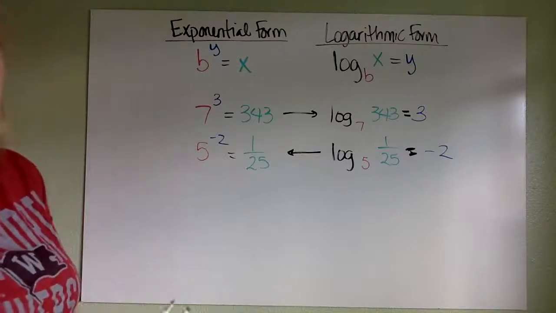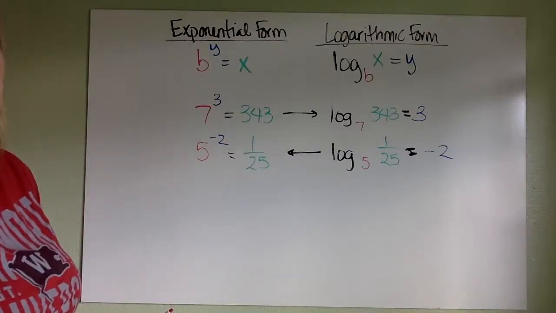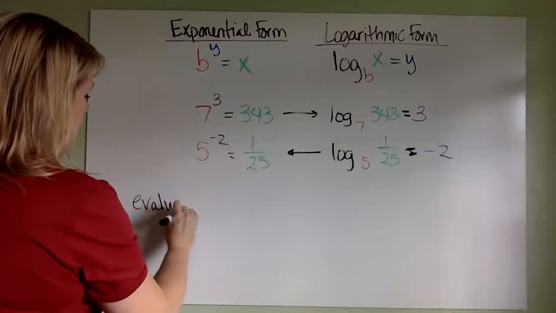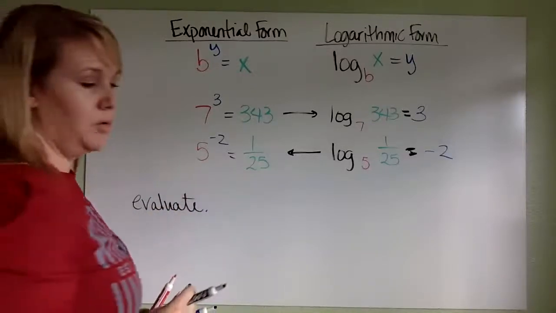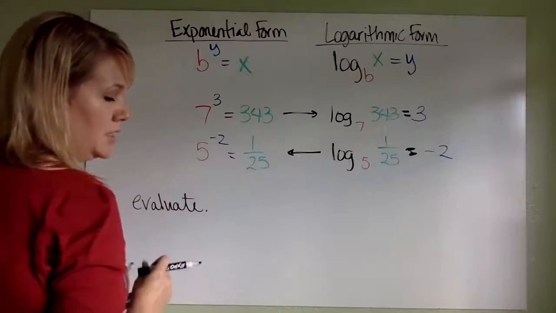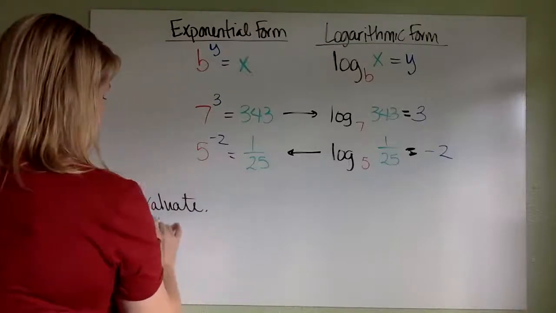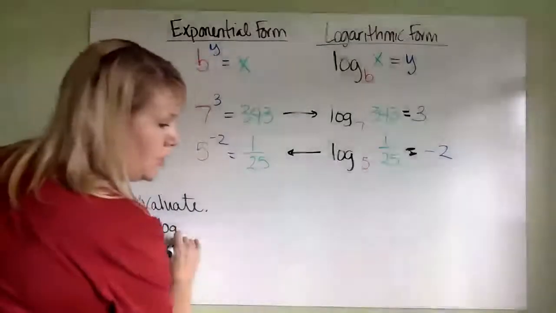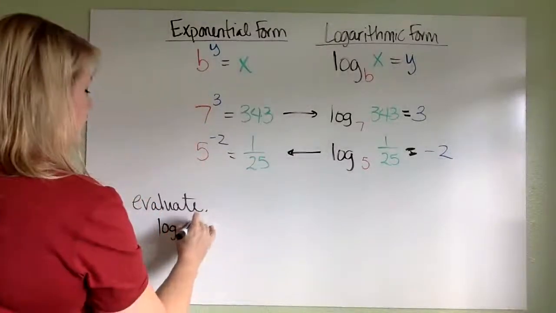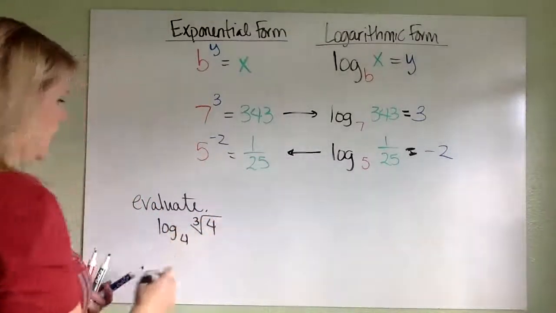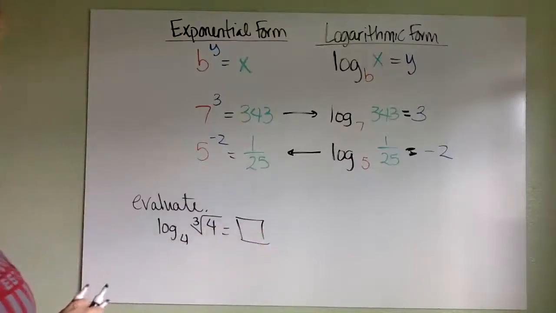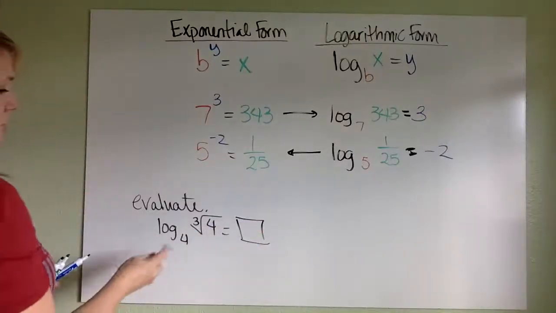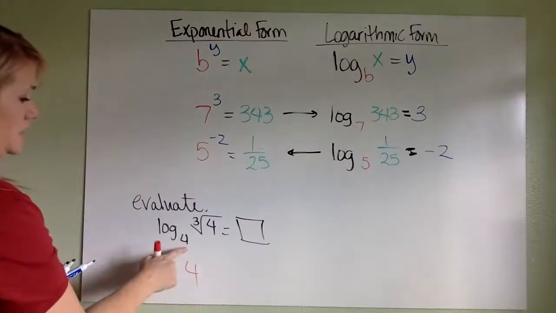So if I'm asked to evaluate a logarithm, on your review worksheet, it would be questions 1 through 6. Say I'm asked to evaluate the log base 4 of the cube root of 4. I'm trying to figure out what goes here, what it's equal to. So I'm going to switch it to exponential form. The 4 is our base.